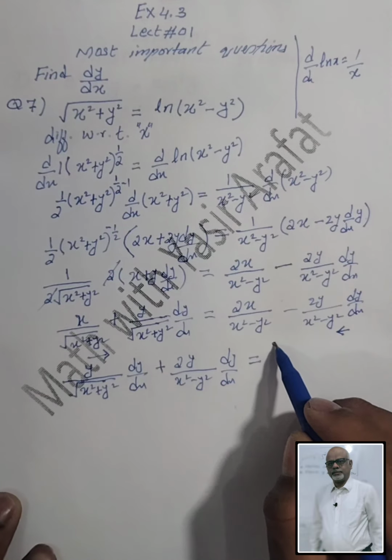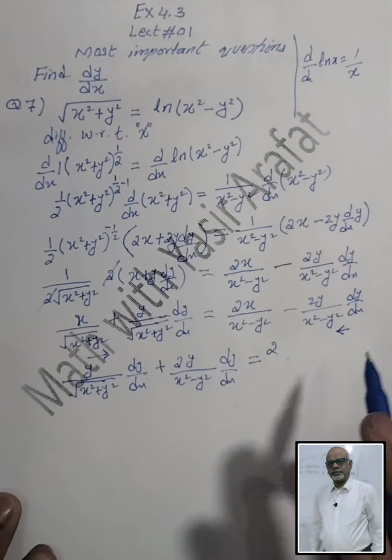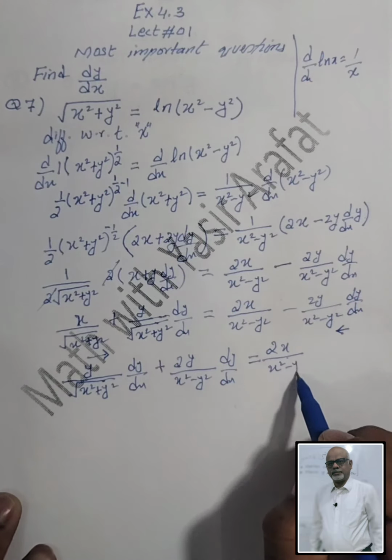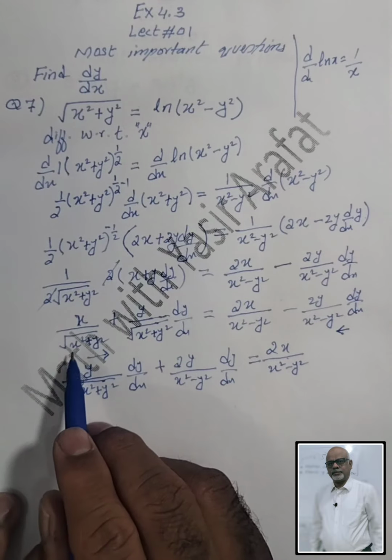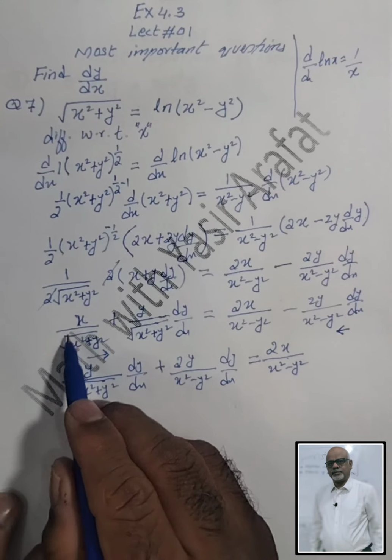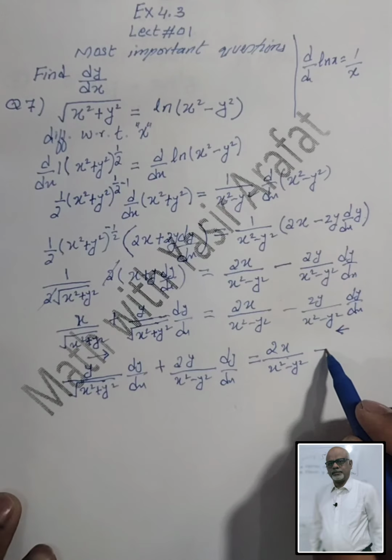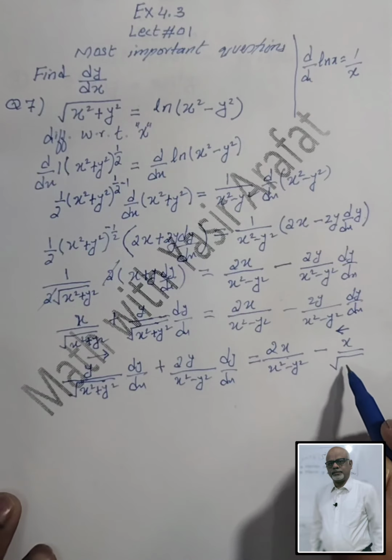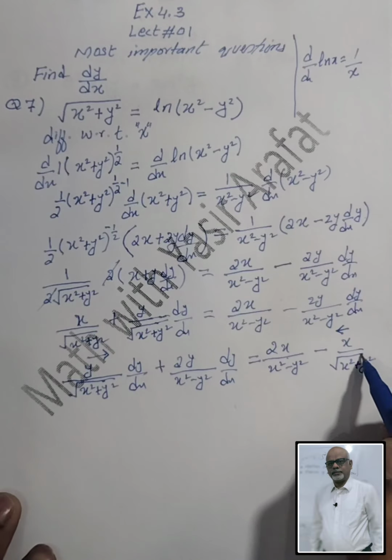Now here this is 2x over x square minus y square, and we have to shift out this one left hand side to the right hand side, so this is plus, it changes its sign, positive into the negative. So this is x square plus y square here.